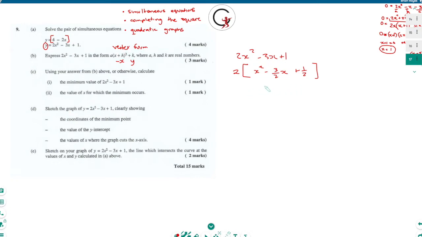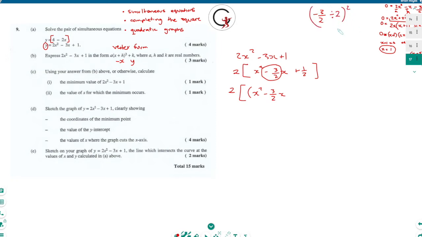Now the way that we do that is we want to zone in on this term in the middle. So I'm going to rewrite this real quick. This is going to be x squared minus 3 over 2x. So we're going to pull minus 3 over 2 to the side real quick. The steps for completing the square are, first you divide this by 2, and then you square everything.